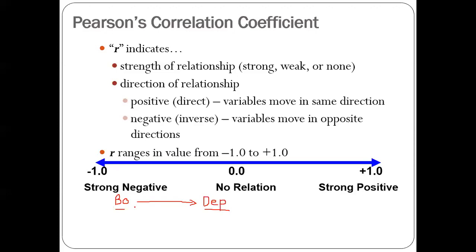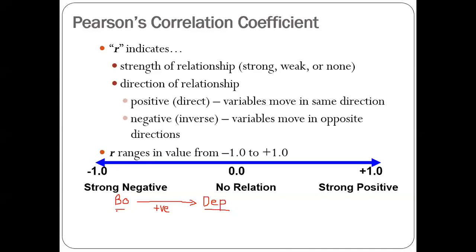Okay, so we can say that burnout has a positive relationship with depression. We are going to say that the direction is positive because the variables move in the same direction.